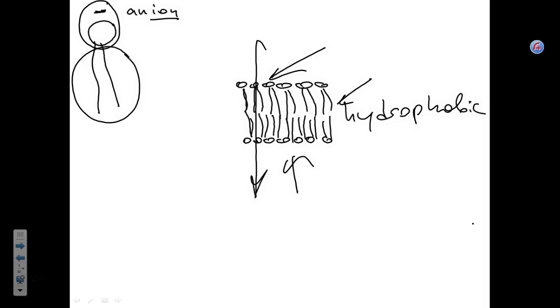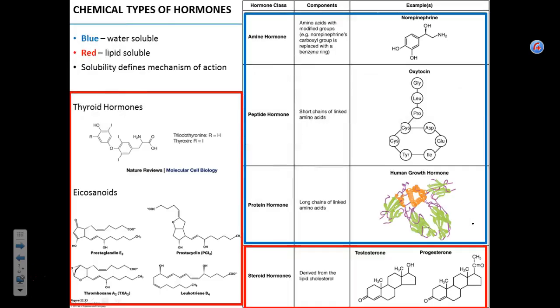We talk about gases, respiratory gases, CO2, oxygen, nitrogen, whatever. Small molecules like ethanol can cross the membrane. A lot of lipid-soluble drugs can do that. Okay? But when we talk about water-soluble hormones, can they cross the membrane? They're water-soluble, not lipid-soluble.